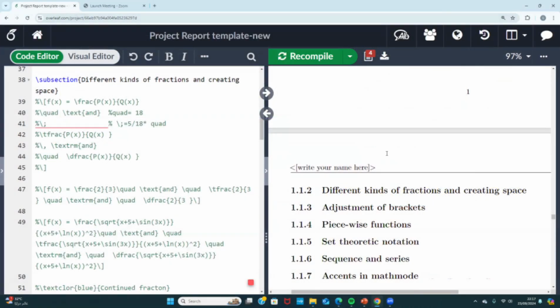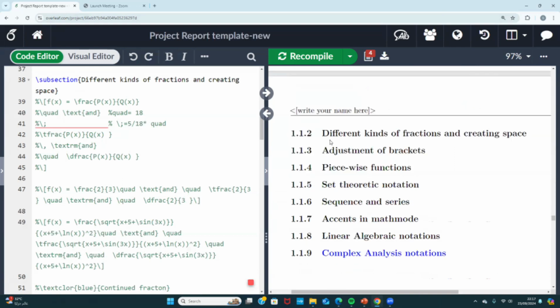You can see here the next topic is different kinds of fractions and creating space. So let's start with the math mode, using the rectangular bracket.